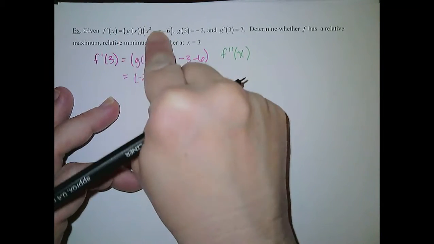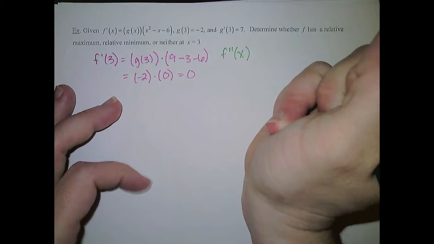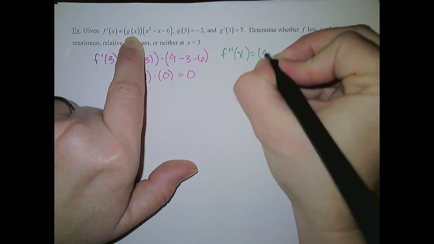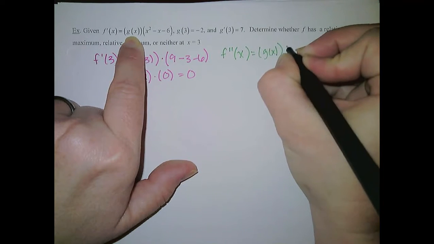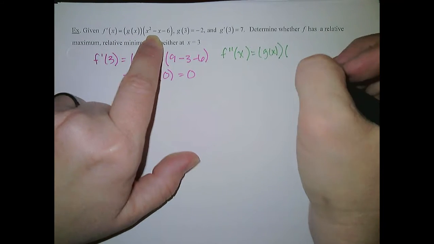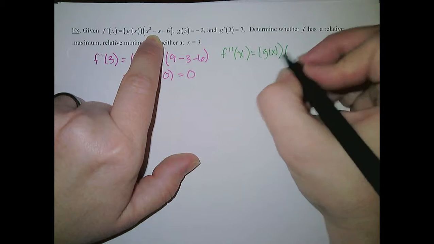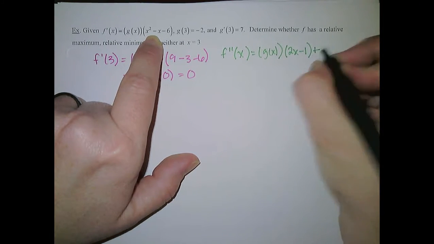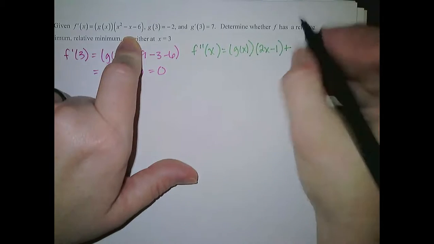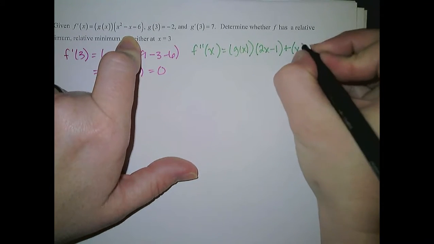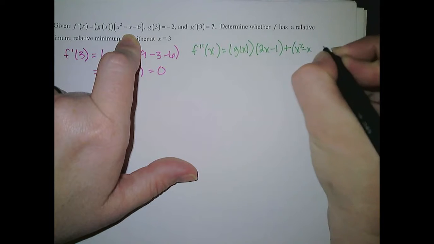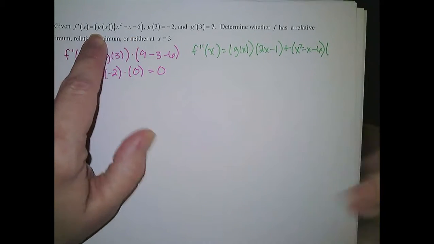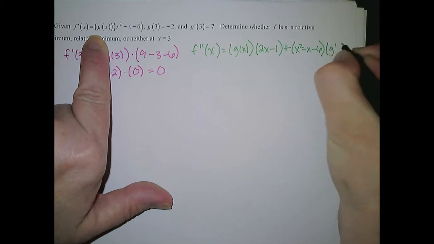And to find this derivative, we're going to have to apply the product rule. So we have our first function, g of x, times the derivative of the second function. The derivative of x squared minus x minus 6 will be 2x minus 1. Plus our second function, x squared minus x minus 6, times the derivative of the first, and the derivative of g of x is g prime of x.